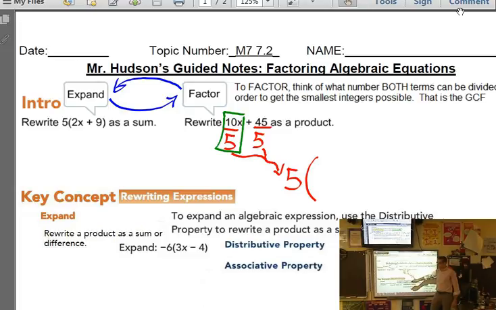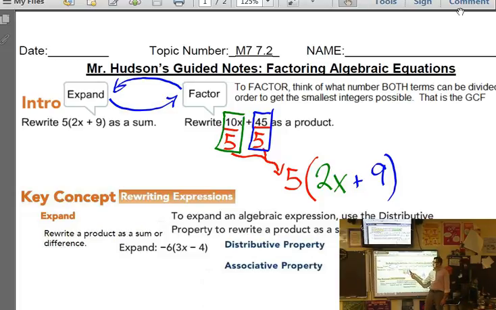If you don't, I've told you till I'm blue in the face, get highlighters. 10x divided by 5 becomes, go ahead and just run this problem, Justin. So it'll be 2x plus 9.